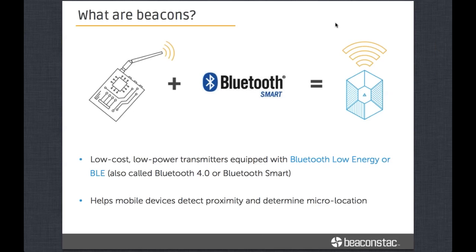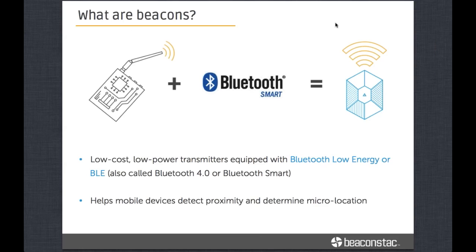I guess we should do the bare minimum, which is what beacons are. I know most people on the webinar today already possibly know this, but I'll just go over the basics so that everyone's on the same page. Beacons are low-cost, low-power transmitters, and these transmitters have Bluetooth low-energy chips, also known as Bluetooth 4.0 or Bluetooth Smart.